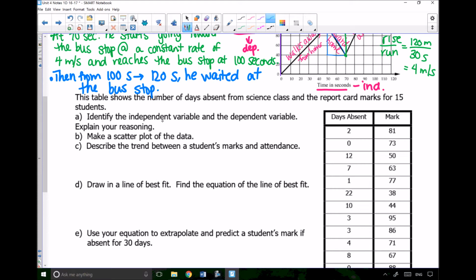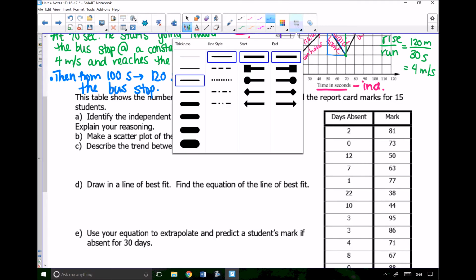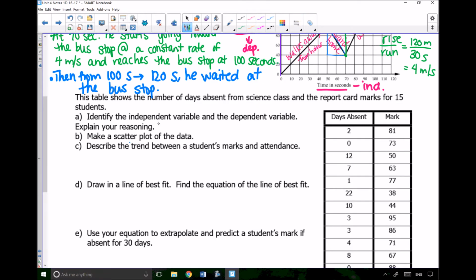So the answer to question A right here, and we're going to squeeze this in because there wasn't enough room on the paper. Sorry about that. So the answer to question A is independent is going to be days absent.